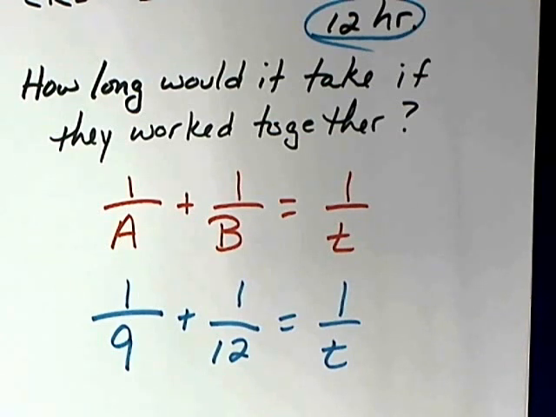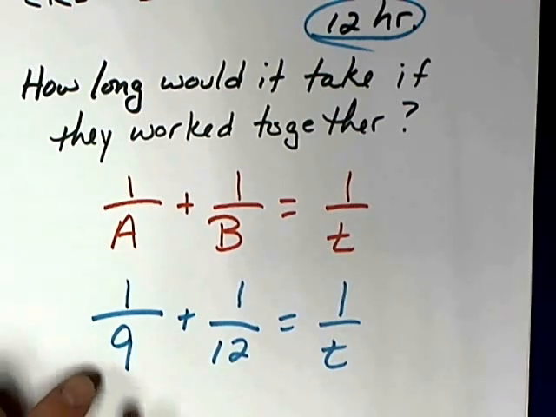Now, in order to do that, we once again find the LCD, multiply every term by that LCD, and then solve. So what's the first number that 9 and 12 and T multiply into? A common multiple.